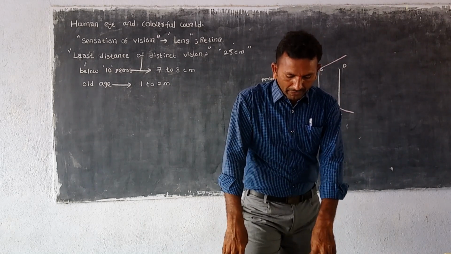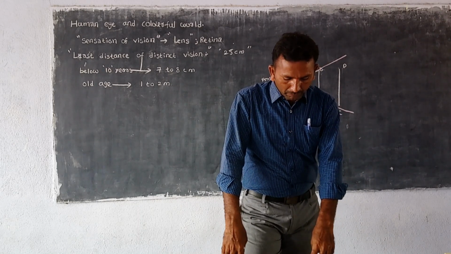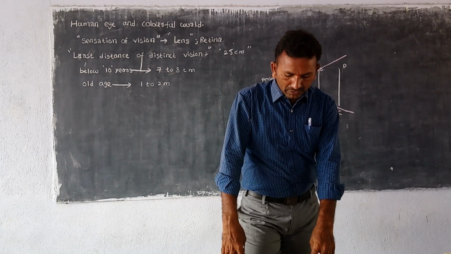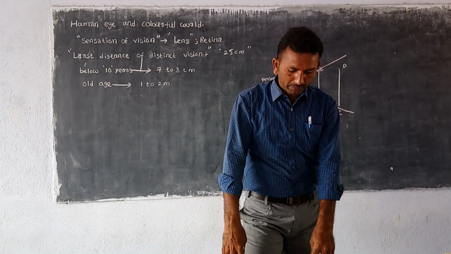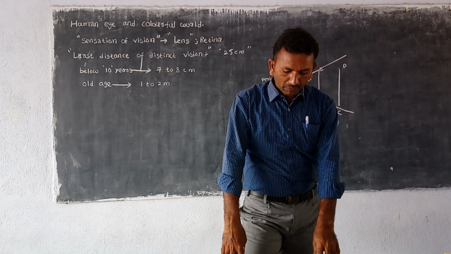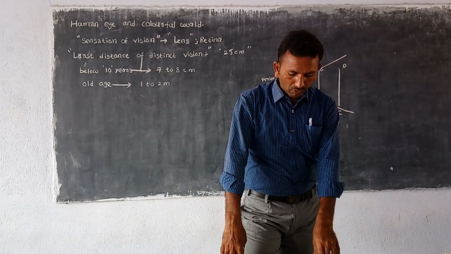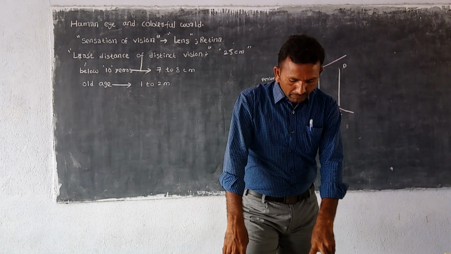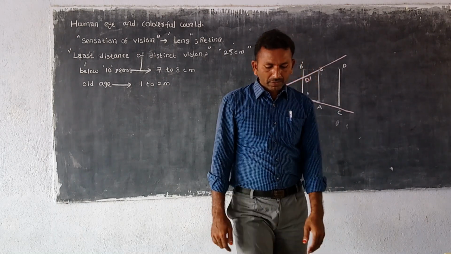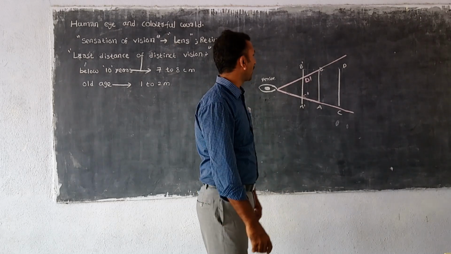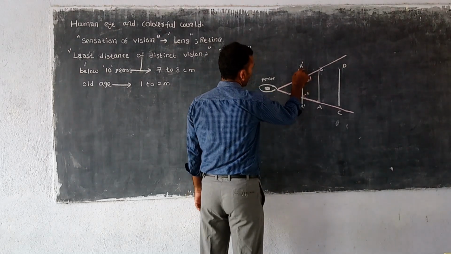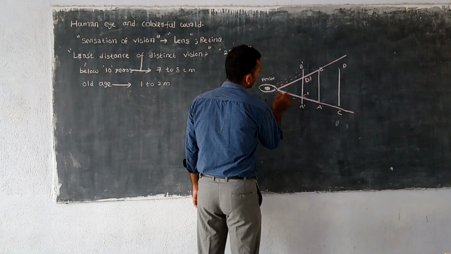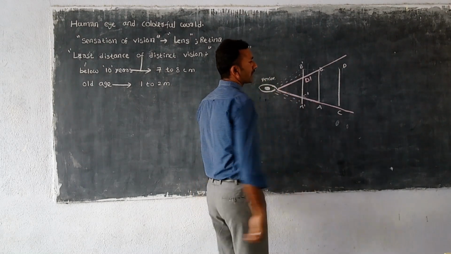The rays coming from the extreme ends of an object make an angle at the eye. If the angle is below 60 degrees, we cannot see the whole object. So here the rays are coming from here, from here, from here, and from here.